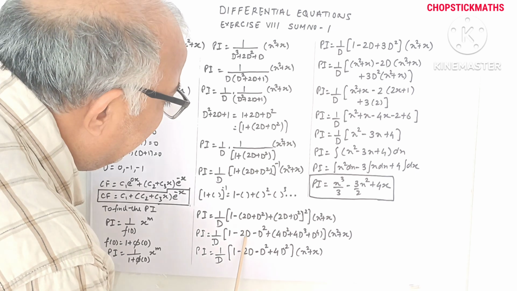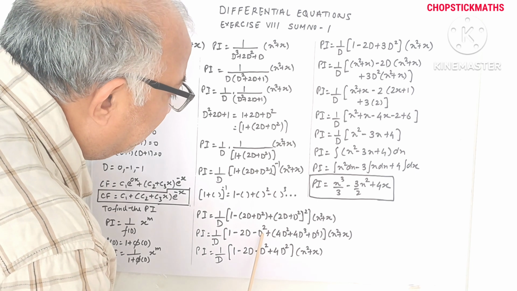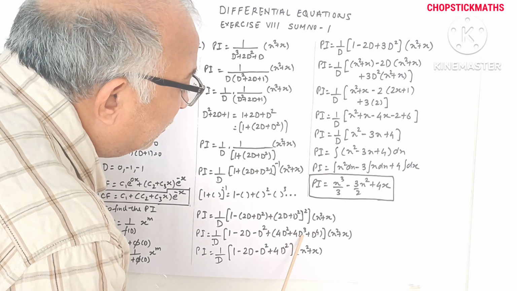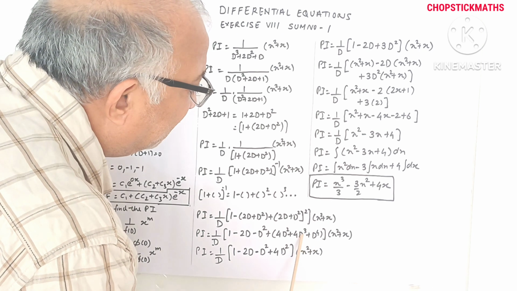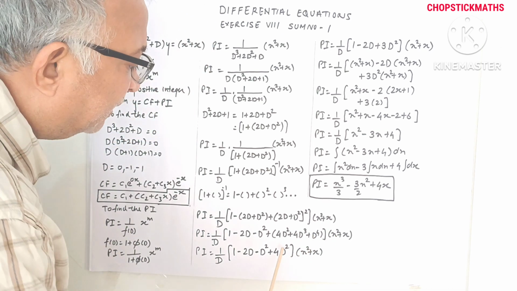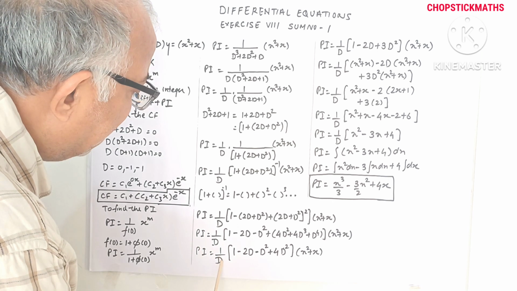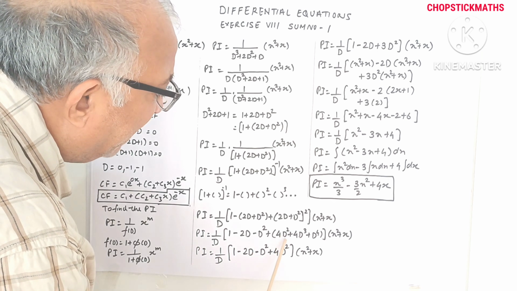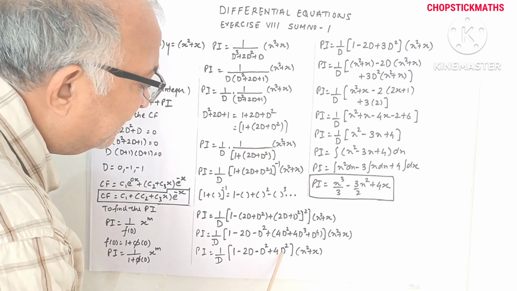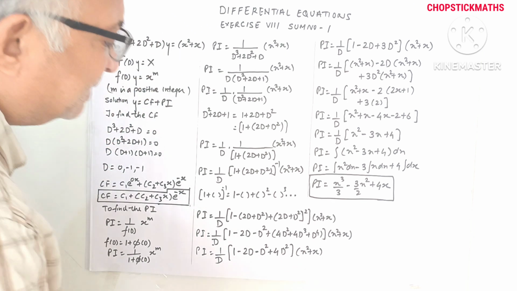So D is the first order derivative, D square the second order derivative, D cube the third order derivative, D raised to 4 the fourth order derivative. We can neglect the third and fourth order derivatives. So PI is equal to 1 upon D into bracket 1 minus 2D minus D square plus 4D square into bracket (x square plus x).